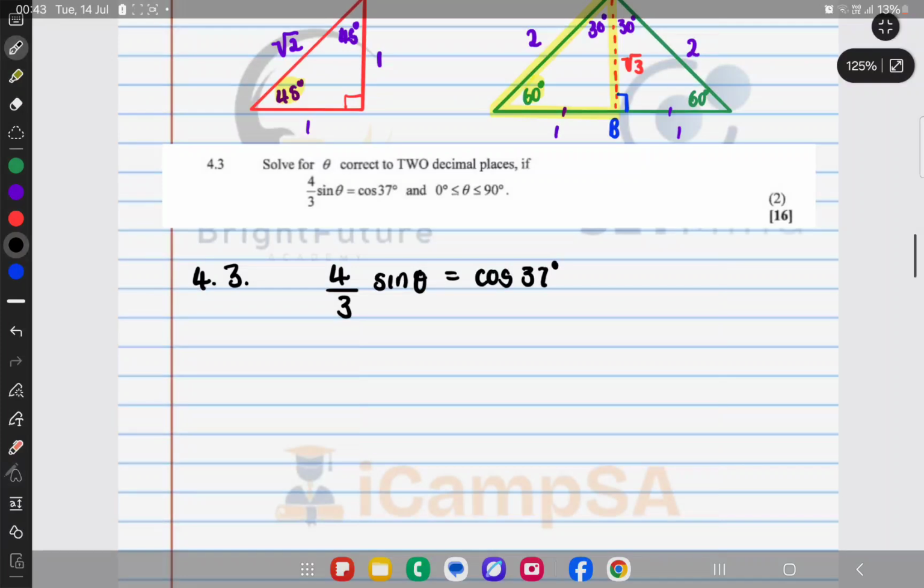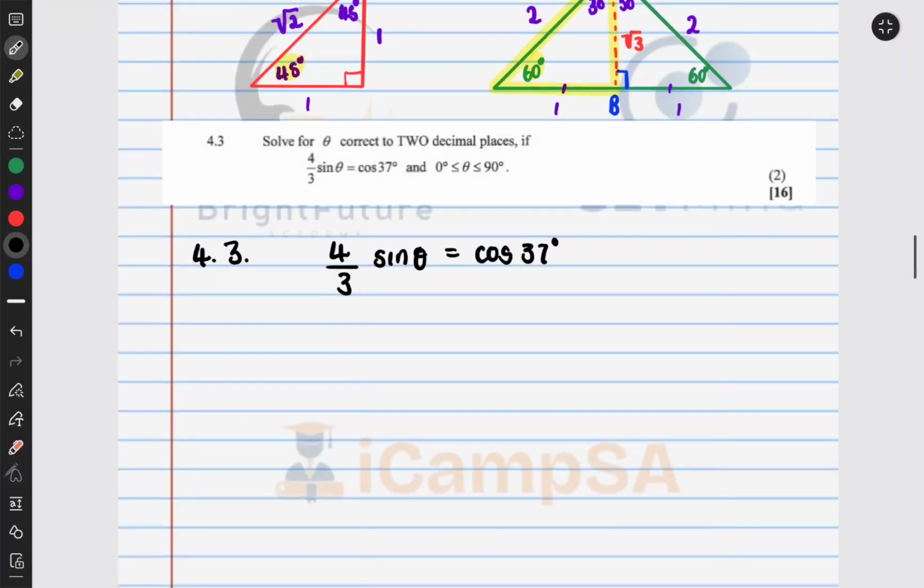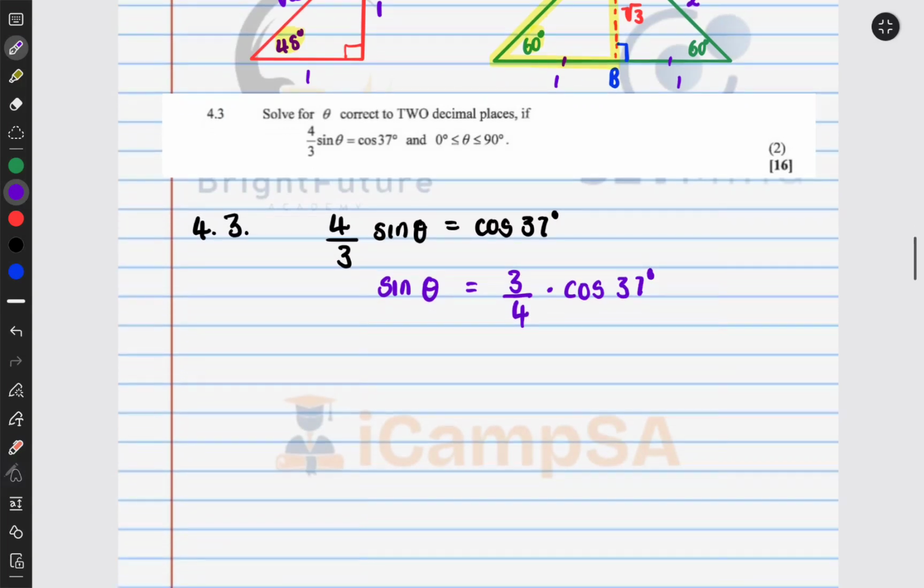First, we start by isolating sine theta. Let's take 4/3 to the other side by dividing by 4/3 on both sides, and then we will have 3/4 cos 37 degrees.